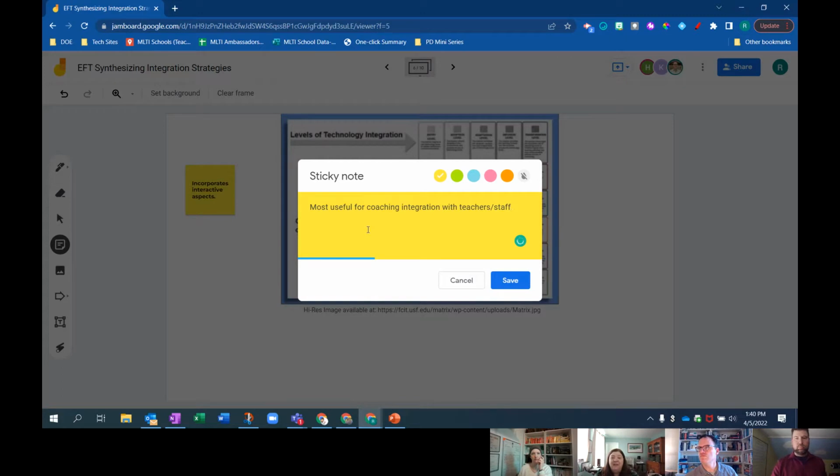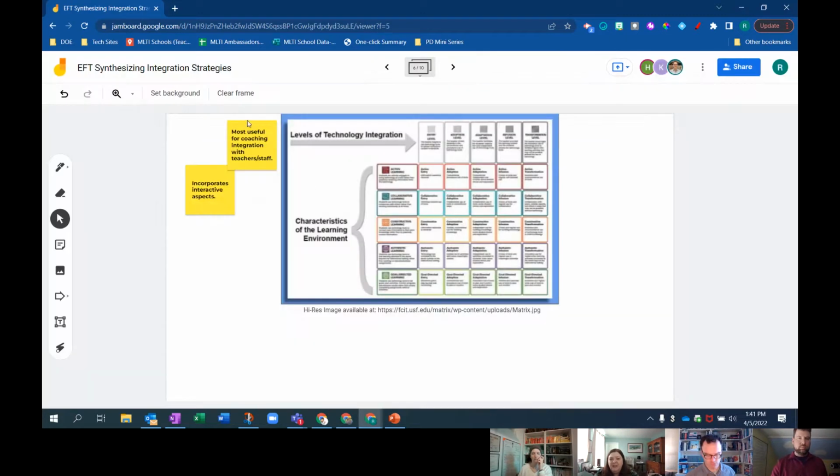I think it'd be a great self-evaluation. Where do I really see technology fitting into my classroom? What are my approaches to it? What are some of the challenges that I have with it? How do I think about technology as I use it in my classroom? That's where I see the benefit of a matrix like this.